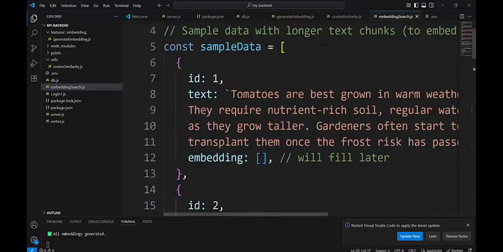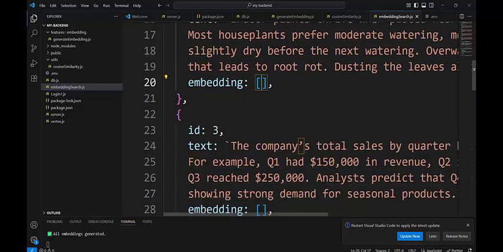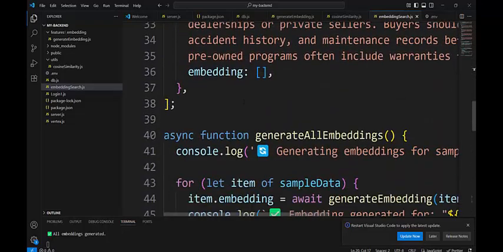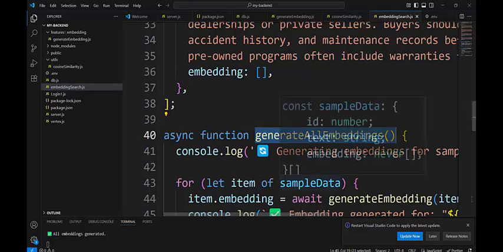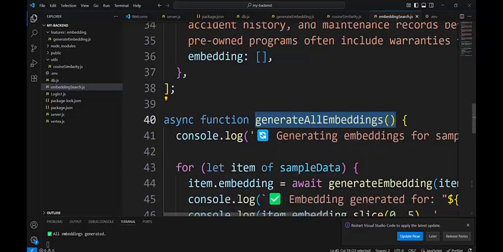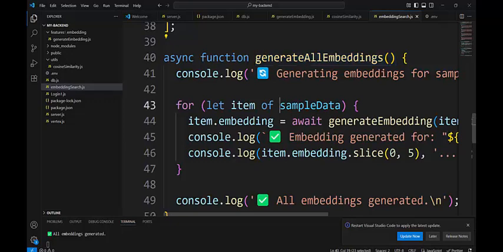When it is in memory, and after the process, after calling this function, generate all embeddings, the sample data, every data, now four of them, will have one vector, one embedding vector.